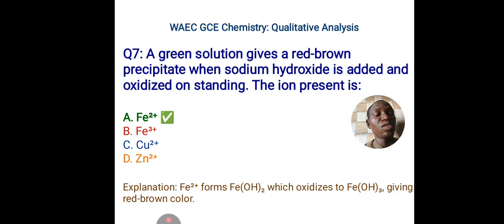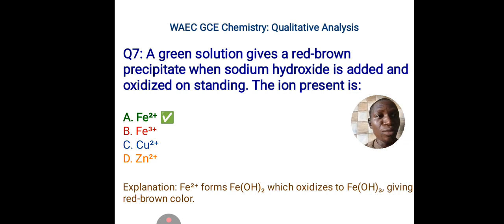When we talk about green solution iron 2, and we have iron 3 is reddish brown. So iron 2 can oxidize to iron 3 in the presence of sodium hydroxide. So the correct answer is iron 2. It forms iron 2 hydroxide, which oxidizes to iron 3, giving a reddish brown color.